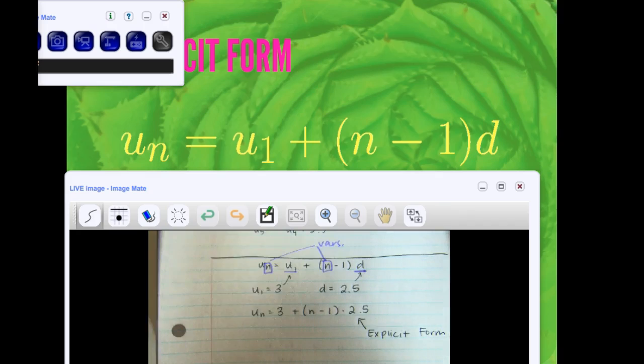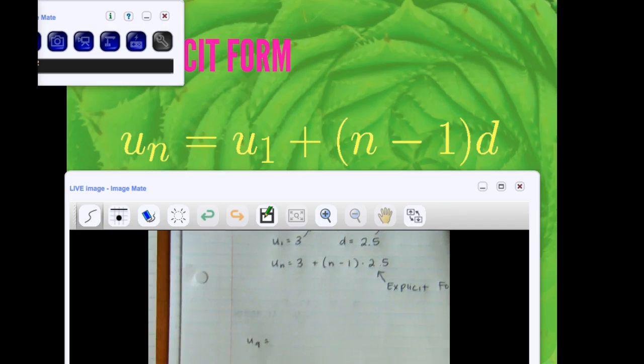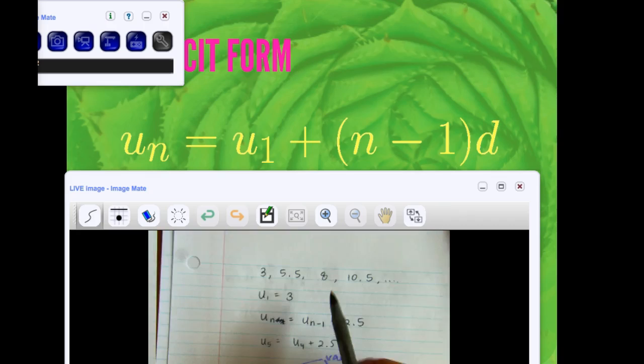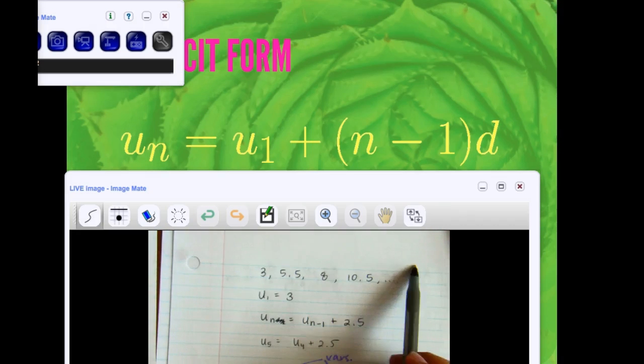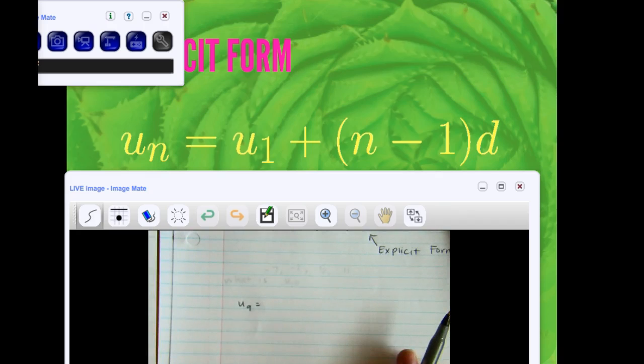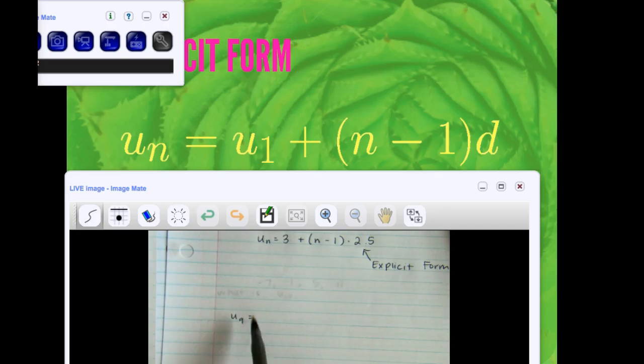Okay, so why is this useful? Well, this makes it a lot easier if I wanted to find a slightly larger term. Let's say I wanted to find u sub 9. Right now in my sequence I only have 4 terms, so it would take me a while to get there. I would have to add 2.5 a couple of times. Not as bad as u sub 100, my 100th term, but it would take a little bit to find my 9th term.